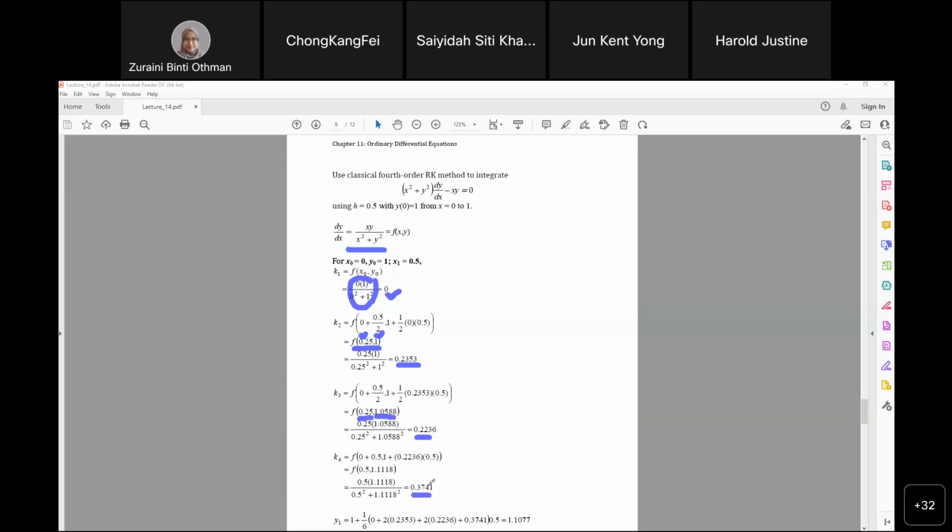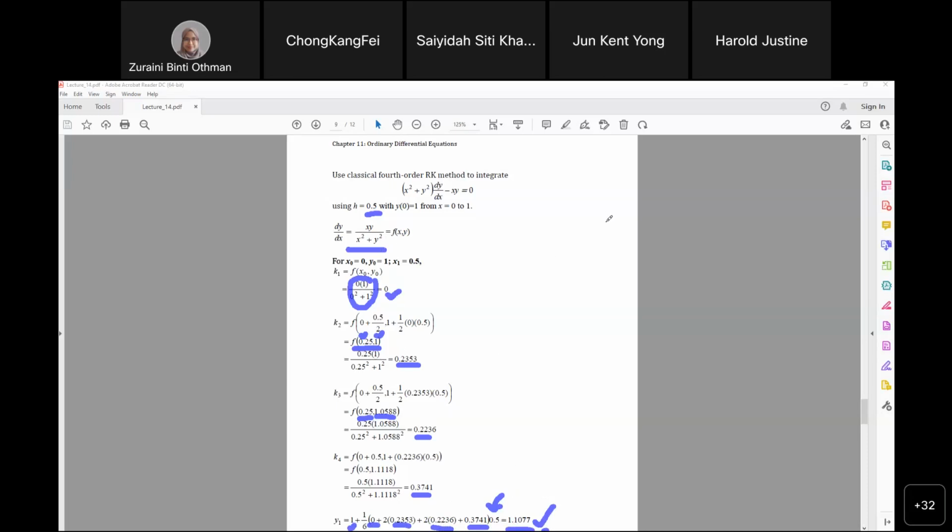After we get K1, K2, K3, K4, refer to the general formula for Runge-Kutta fourth order. This is K4, K3, K2, and this is K1 just now. And put it back and we get, and this is the value of H given. And this is the value of Y0, that is 1. And after we do the calculation, we get 1.1077.